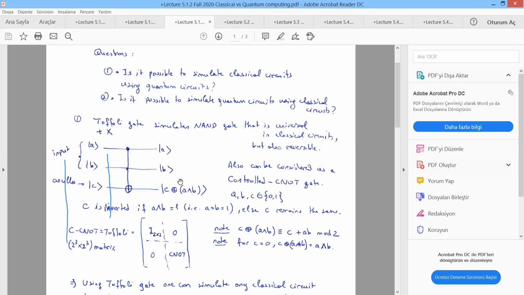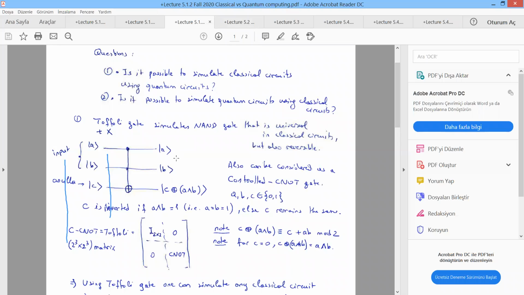The output is C plus, modulo 2, A and B. So in other words, if A and B are both 1, flip C. Otherwise, keep C the same.